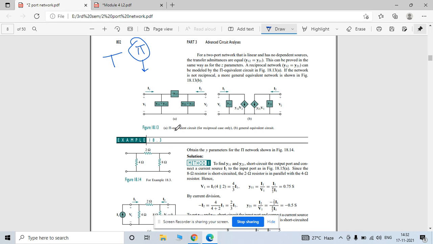Now see, this is a pi equivalent circuit, and when you write the generalized equivalent circuit for this matrix, the circuit is also defined just like that. Here this is a voltage dependent current source, so you can rewrite this in terms of this.